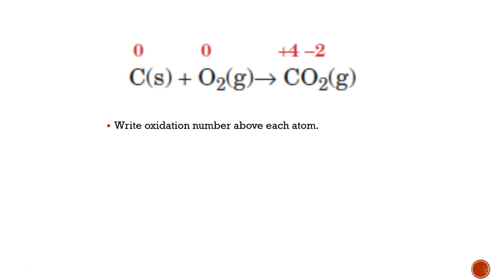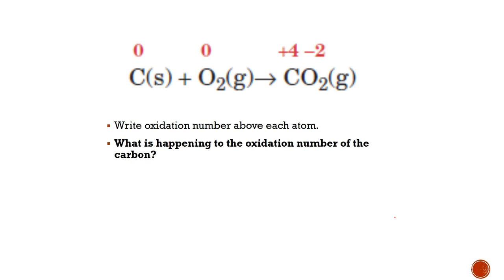In the process of looking at these for reactions, we want to write the oxidation number above each atom. So in this case, carbon will be 0, oxygen is 0. Each oxygen is -2, so we always write per atom up here, but overall this will be -4, so carbon must be +4. So the oxidation number of carbon goes from 0 to +4, which means it's increased, so we have oxidation.